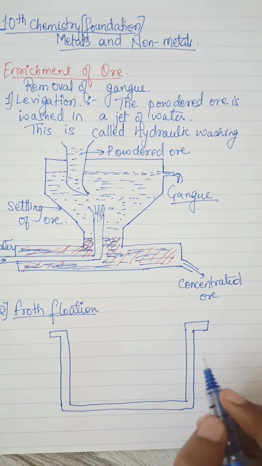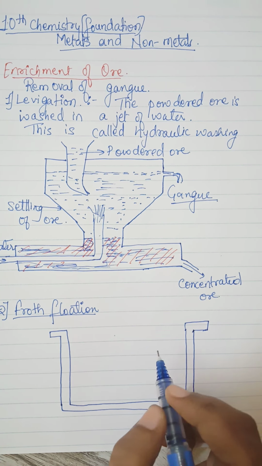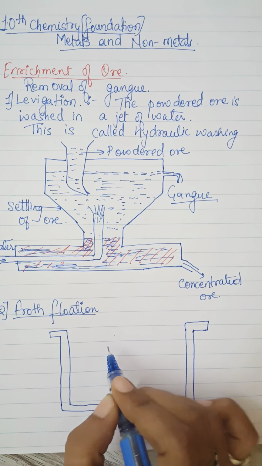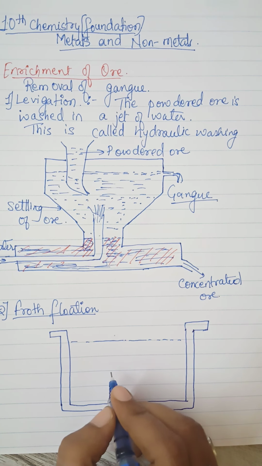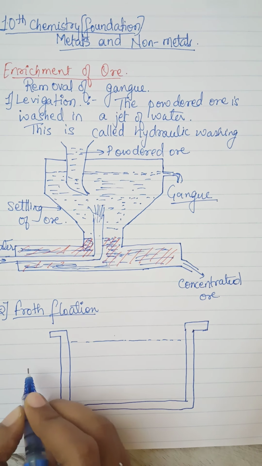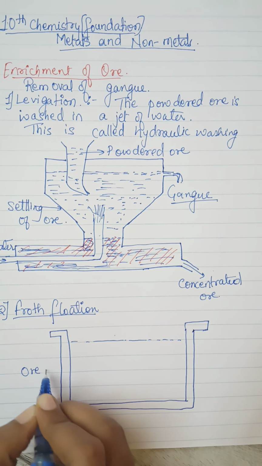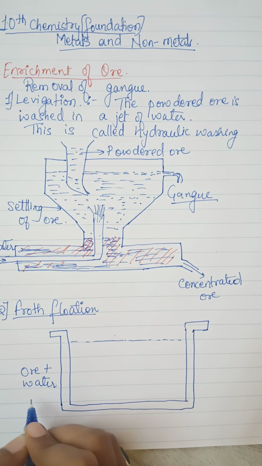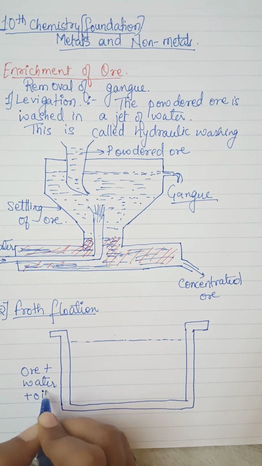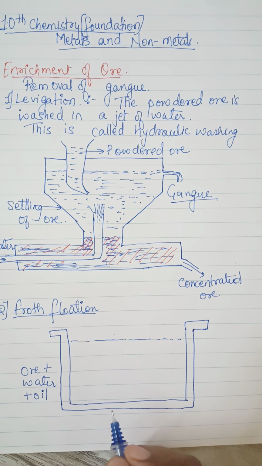In this we are adding three things. What are the three things? It is powdered ore plus water plus oil. Three things we are adding.